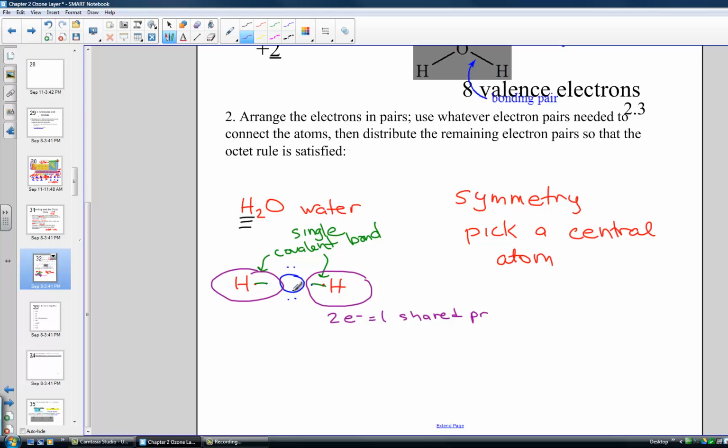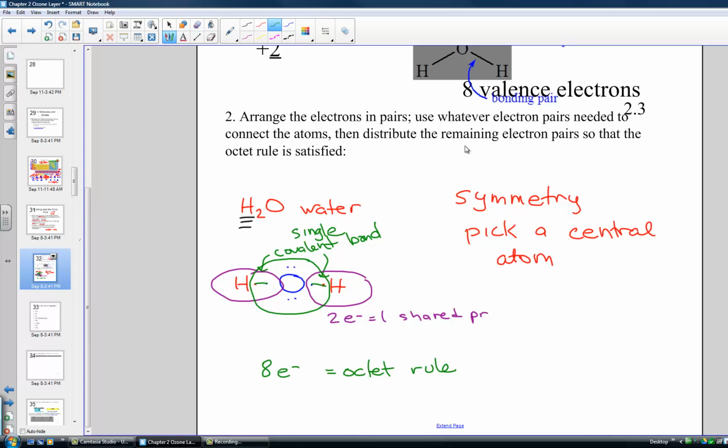These two are identical. But when you consider the oxygen, it also has an octet: 1, 2, 3, 4 of its own, and then a shared pair, 5, 6, 7, 8. This has 8 electrons, which is exactly what the octet rule says oxygen wants.